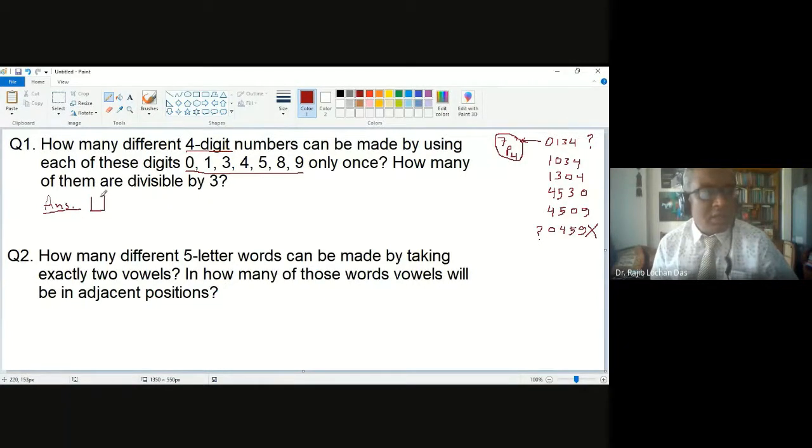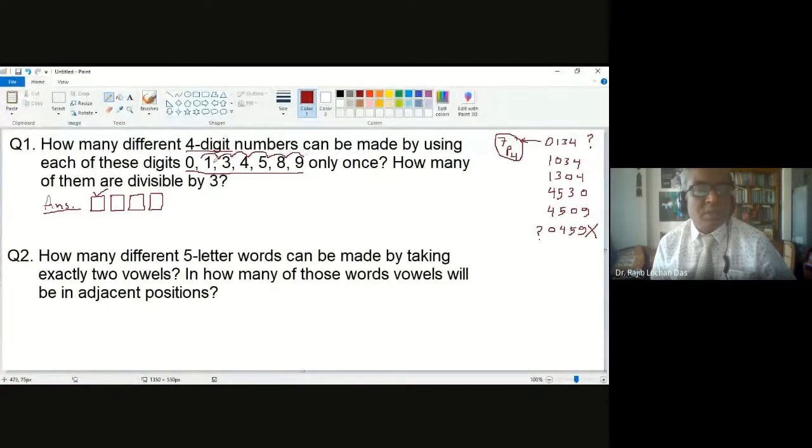Think of 4 boxes or 4 places here. You will fill up the boxes one by one. This is the permutation concept. If you think about the first box from the left side, you will take non-zero numbers like 1, 3, 4, 5, 8, 9.